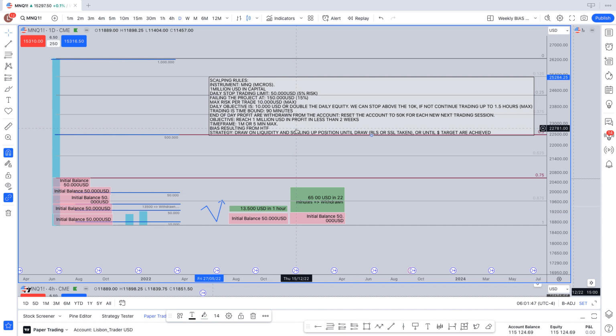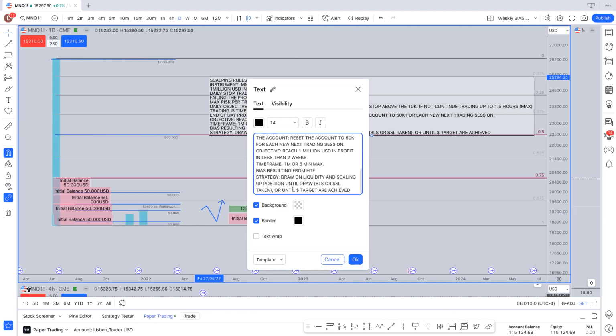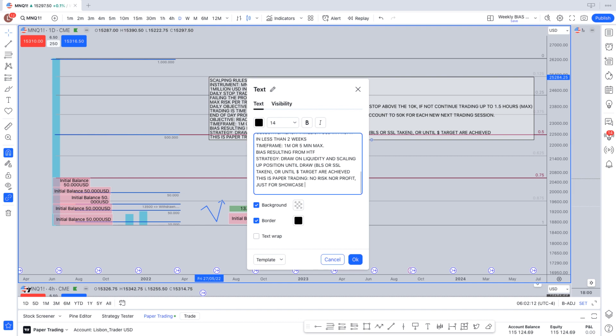So okay, important disclaimer. This is paper trading. No risk nor profit, just for showcase, for the better or for the worse.